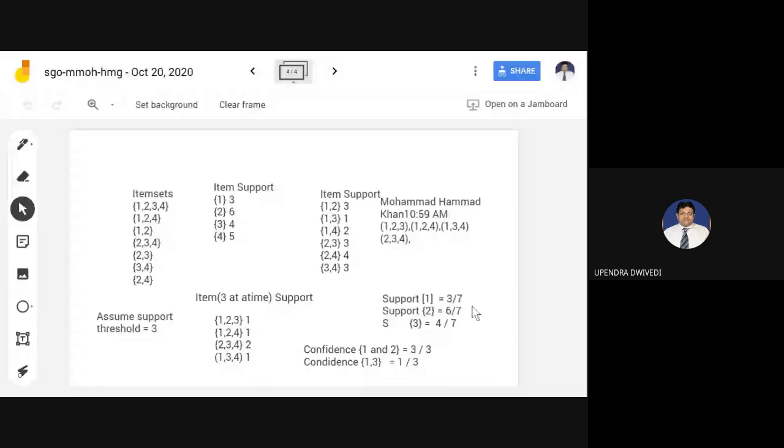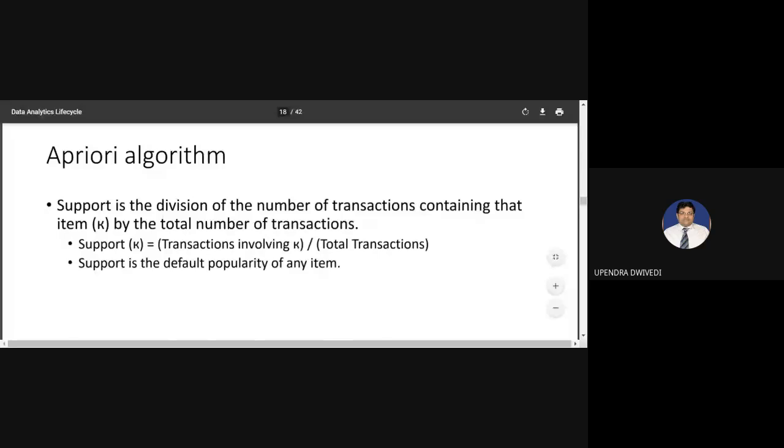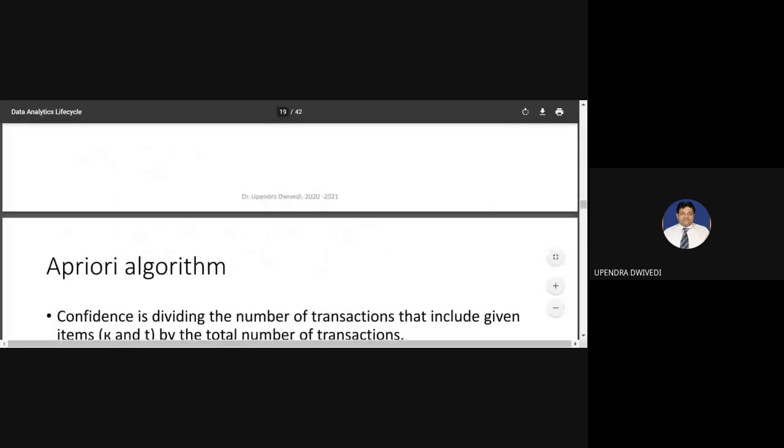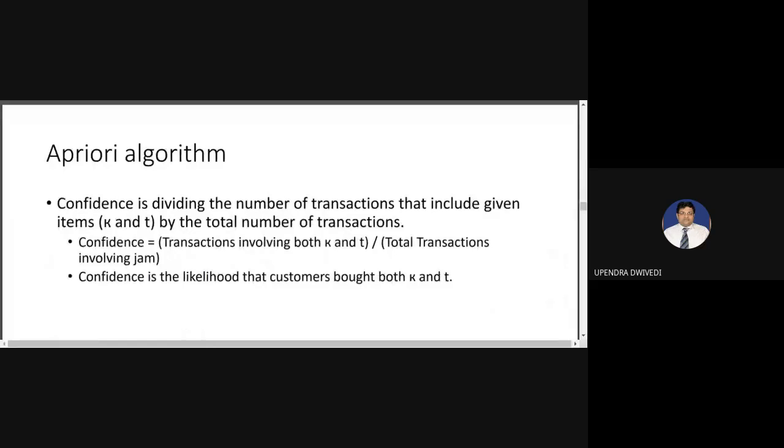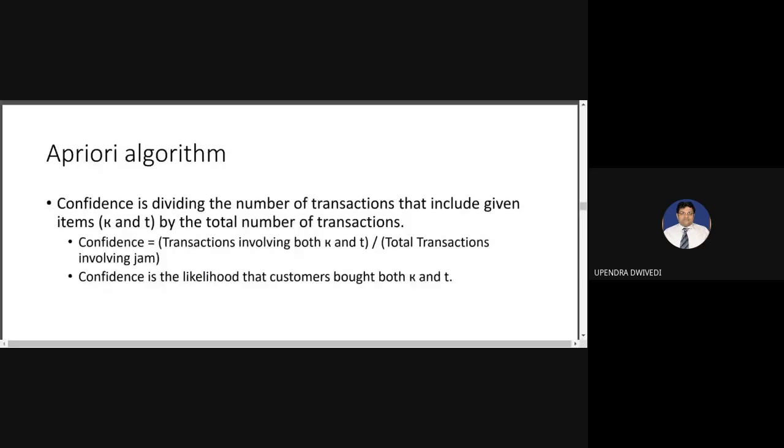Another thing we can calculate is the confidence. Confidence is basically the likelihood that a customer will buy both items. Suppose a customer is buying milk and is also buying bread, then what is the likelihood that next time a customer will buy milk and bread both?